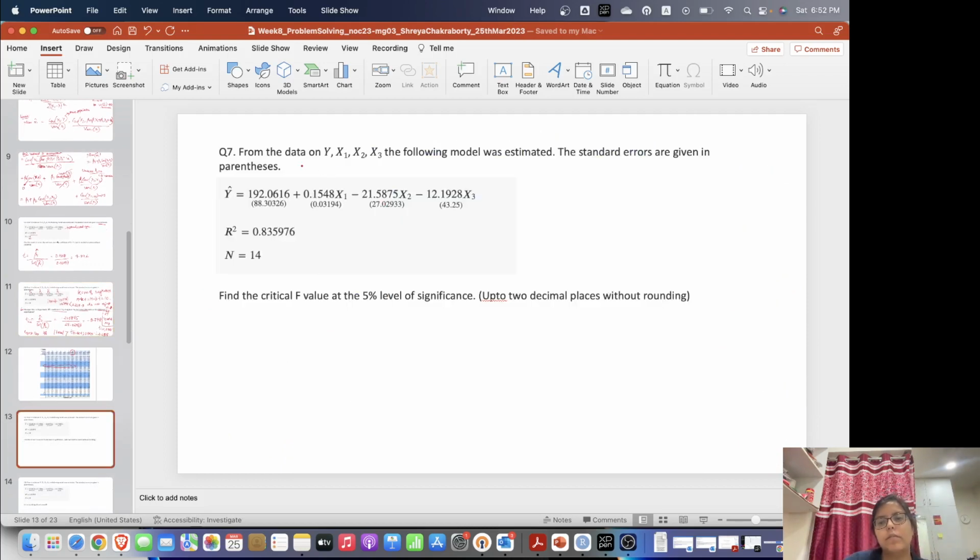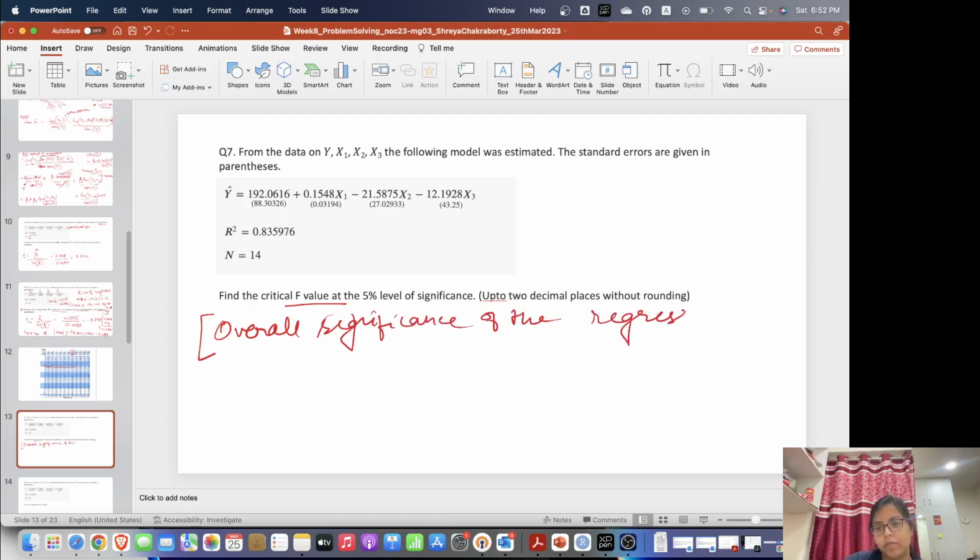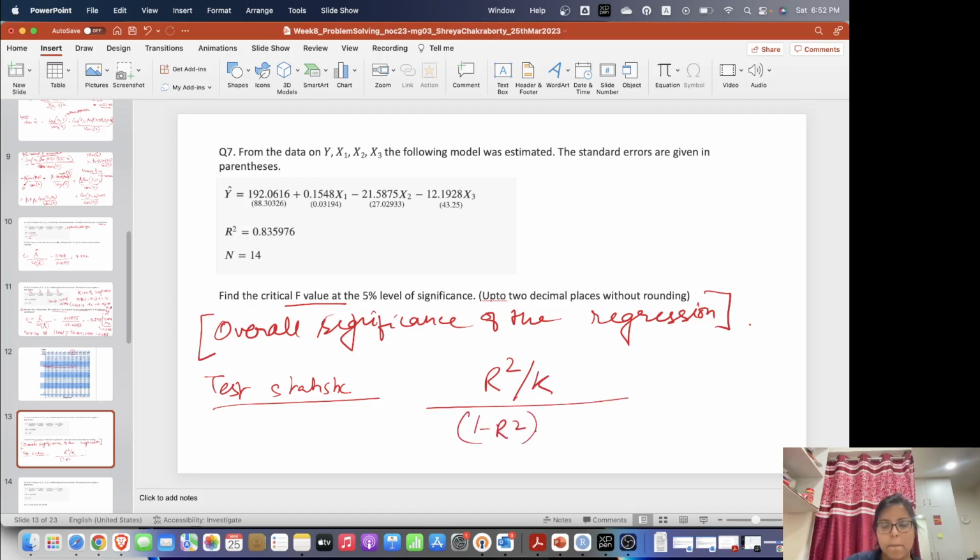So moving on. Now they have asked, find the critical F value at 5% level of significance. If nothing is mentioned, then critical F means overall significance of the regression. For that, the test statistic is R square by k divided by 1 minus R square divided by n minus k minus 1, where k is the number of regressors.